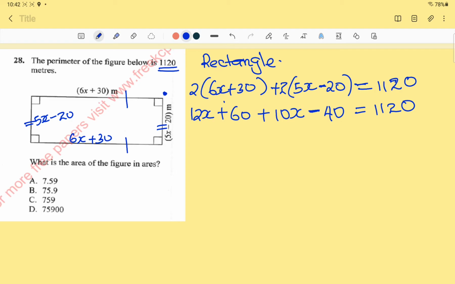Alright? Now, since we have opened the brackets, the next step is to put like terms together. So we have 12x and 10x together, and then 60 and 40. So that will be 12x plus 10x. As I have said, the number will take the sign before it, and then plus 60, and then minus 40.